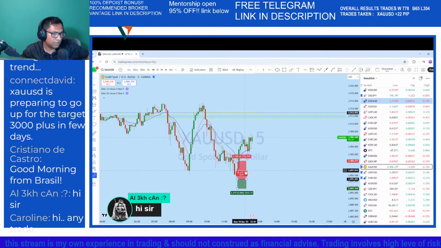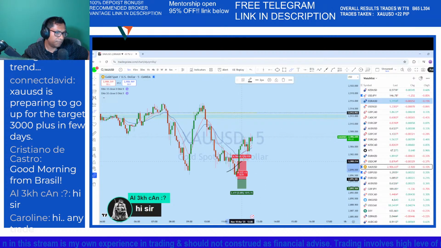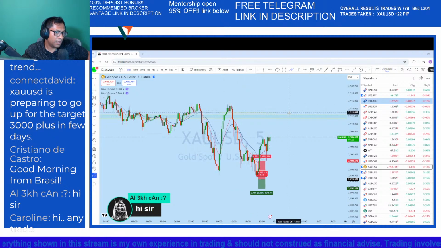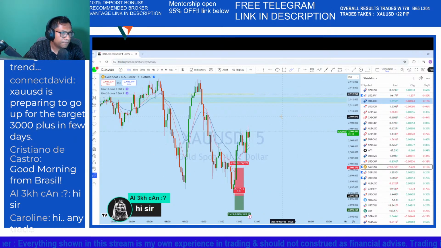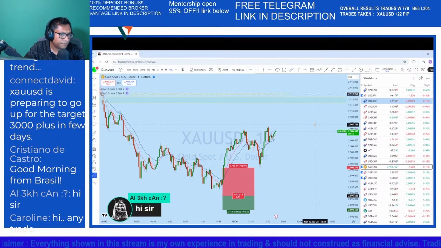So here we can see the market in this area potentially bouncing up to the resistance line where there is liquidity, and we'll see what might be happening based on that.